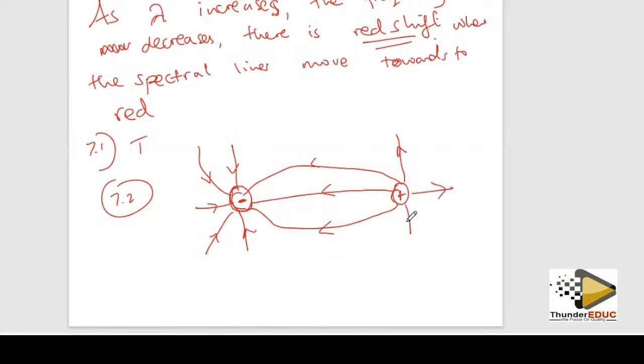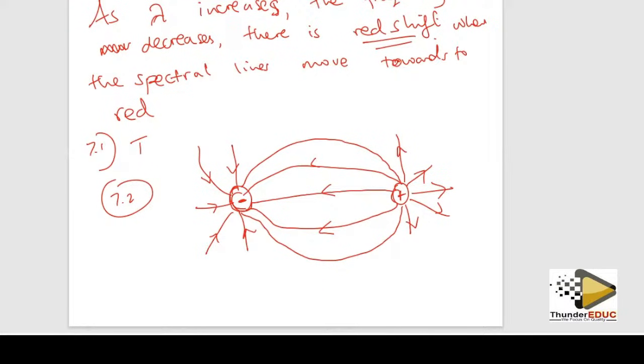I can add another line somewhere there. Since the magnitudes are the same, the number of field lines leaving one must be the same as the number of field lines reaching the other. 1, 2, 3, 4, 5. 1, 2, 3, 4. Okay, something like that.